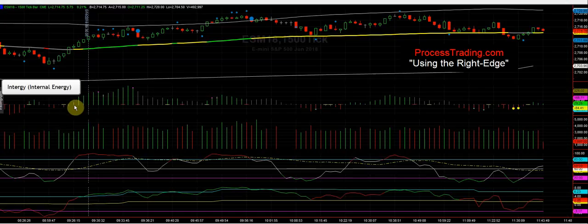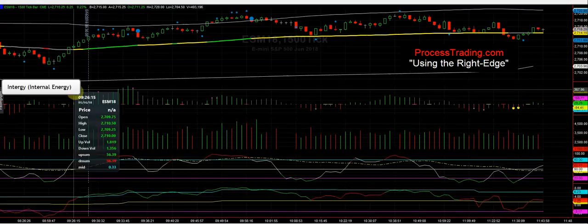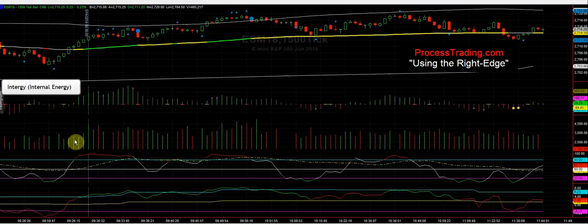And now we get indications right here that demand is coming in. Now, right at this point, that's this bar right here for volume, there's nothing particularly special about this volume bar. Very hard to tell, is at this point price going to continue to go up, or will it go down, or you just can't tell.